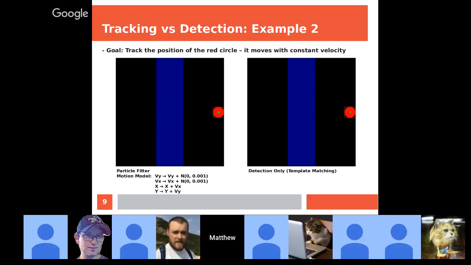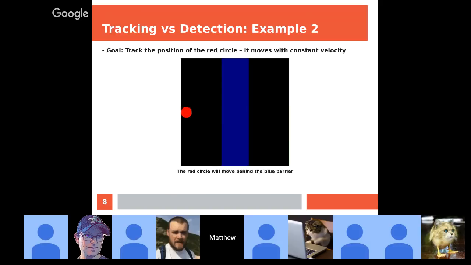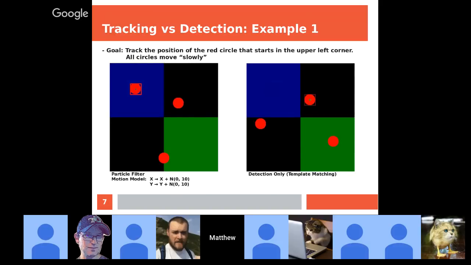So the first question I see is, for multiple particles you showed, should we have separate template coordinates to start with? It will be 3 different tracking algorithms for particle filter. I think what's being asked is that for this example, where we have 3 circles, do we need to have 3 particle filters?